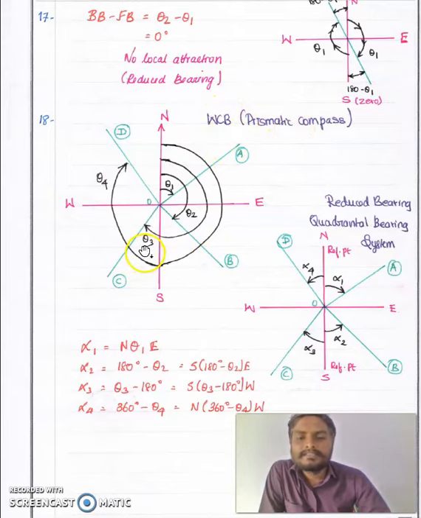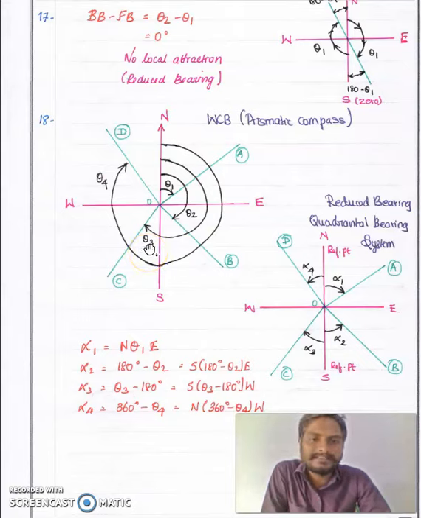Let us imagine how to mark the angles in the whole circle bearing system by using a prismatic compass. Let us consider this is survey line A. This is the point of instrument where the instrument was kept.